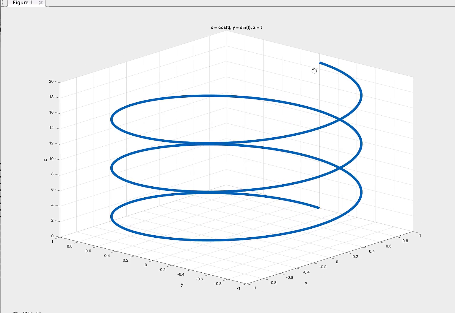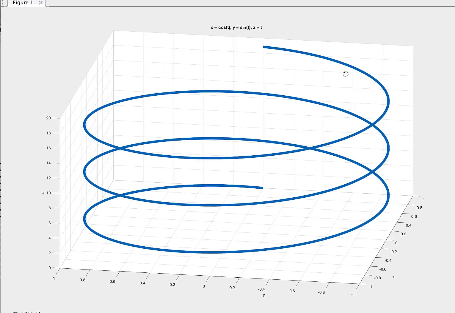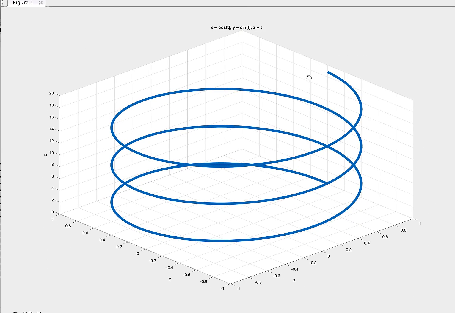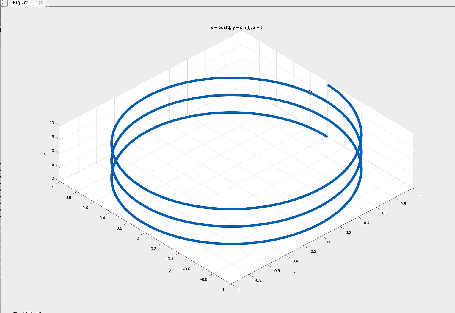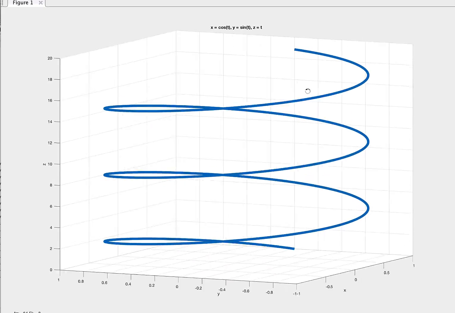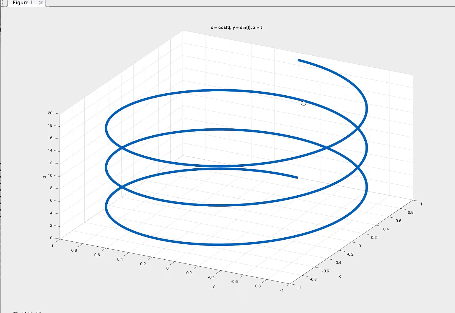So we see, rotating it, how this helix actually works. And notice, if we take a bird's eye view, so we're going to look at this straight from above, you'll notice when we're just looking at the xy plane that it collapses into that circle. And so this would be that projection of the projectile as it moves in a helix into the xy plane, and so that would be its shadow in the xy plane, the unit circle. But this is what our helix looks like when we tinker around with it in 3 dimensions.